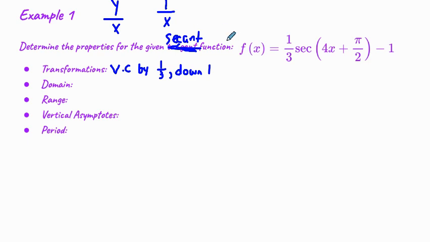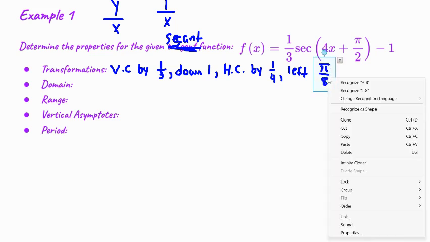All right, now for the horizontal ones, we have a horizontal compression by 1/4. And now when we see that we have a left shift, we have to factor out our 4. So pi divided by 2 divided by 4 would be pi over 8.